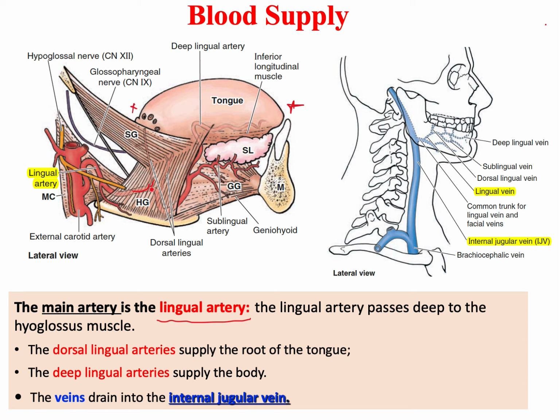So these are the dorsal lingual branches, right? And it gives also a deep branch, because look at it, it goes deep in the tongue, the deep lingual artery. So the deep and the dorsal lingual arteries are branches of the lingual artery, which is a branch of the external carotid artery.